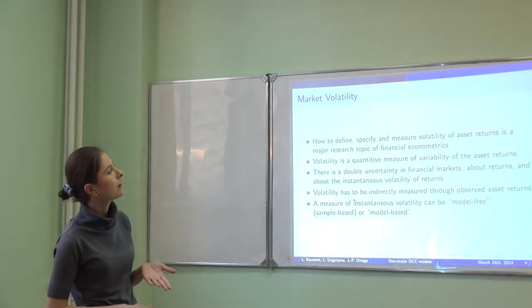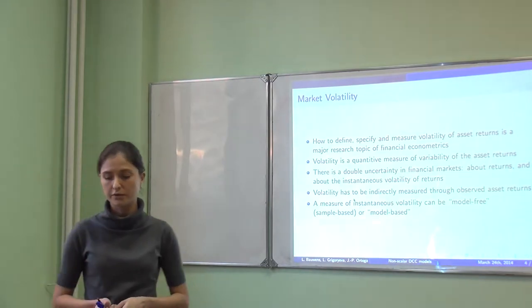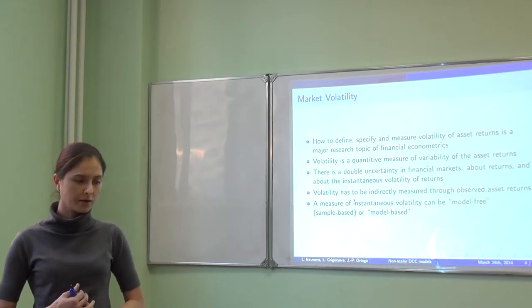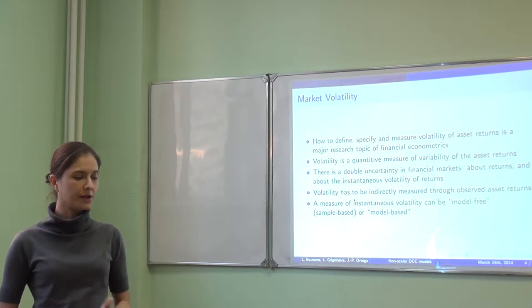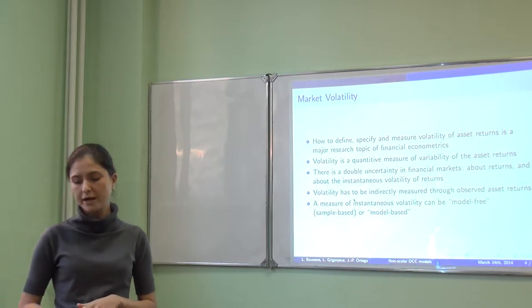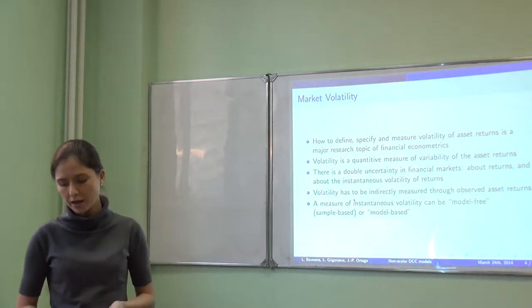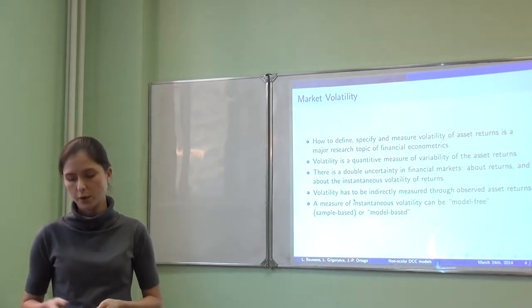We have uncertainty about returns and about the instantaneous volatility of returns. So our main goal is to try to measure this volatility in some indirect way through observations of our asset returns of a given frequency.